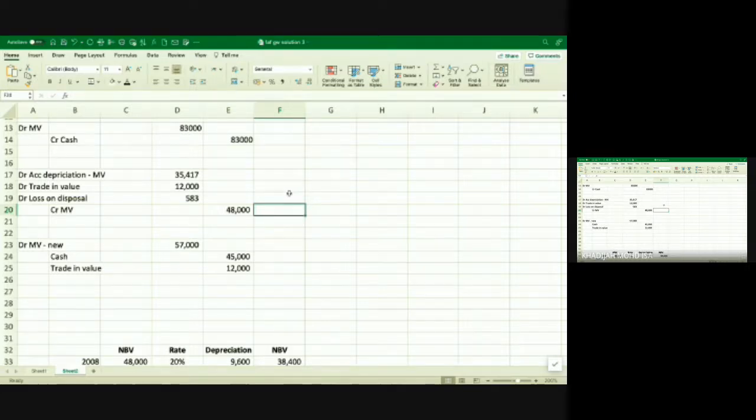Because if you don't have this trade-in value, then you will have a loss on disposal which is a lot more, isn't it? So let me try.